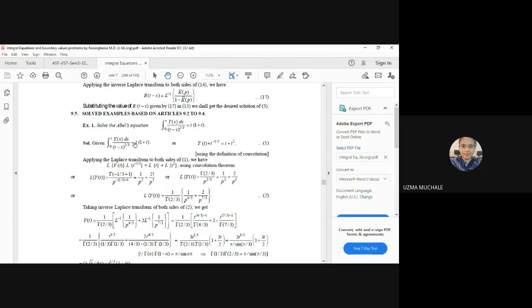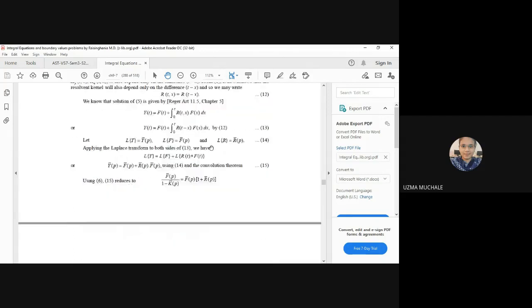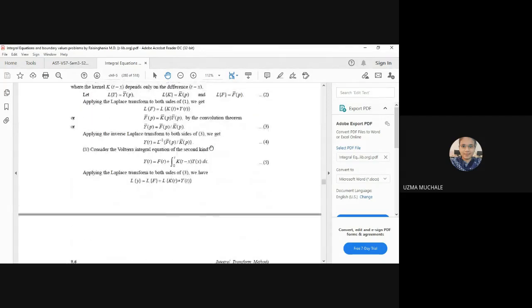So what is our given equation? It is written. Now applying the Laplace transform to this equation, what will be converted is y of t star t raised to minus 1 by 3. As we are applying the Laplace transform, we are going to consider only t, just like our convolution type of kernel. As I told you, here we have a convolution type of kernel.